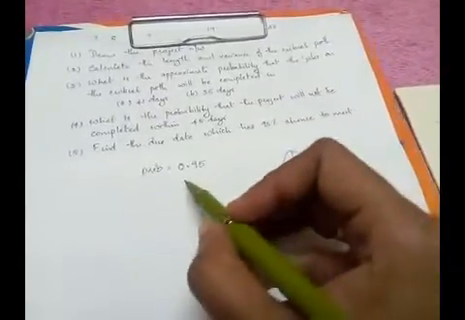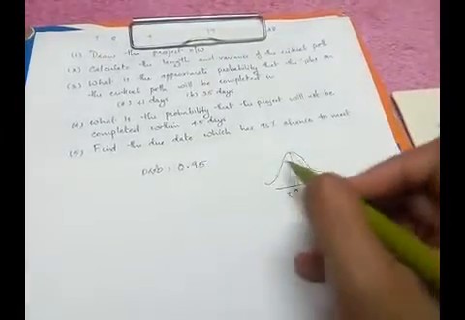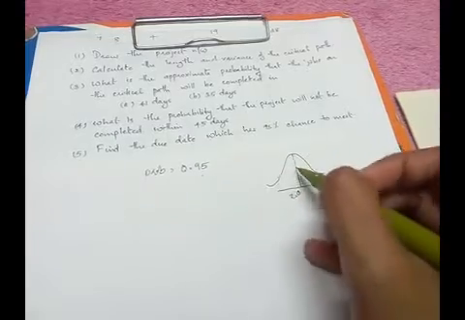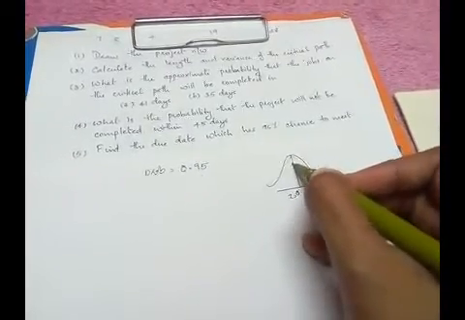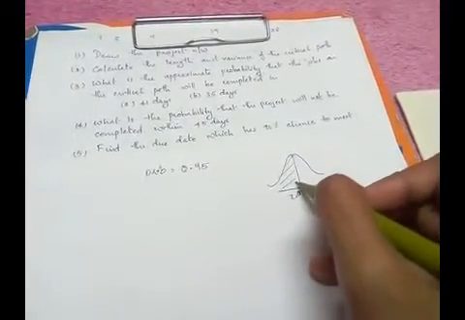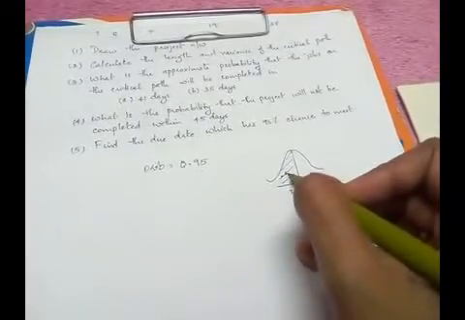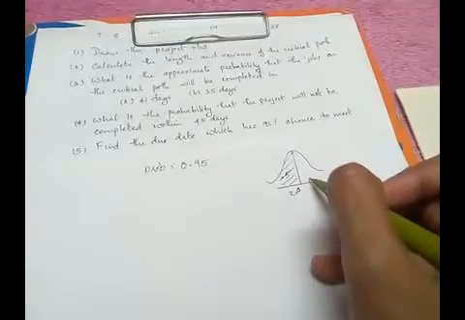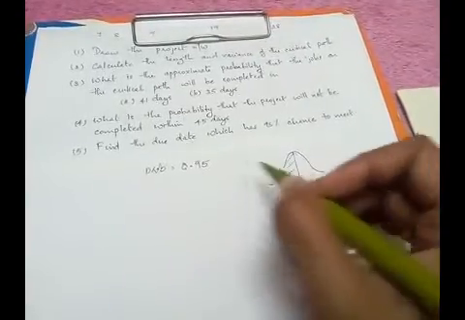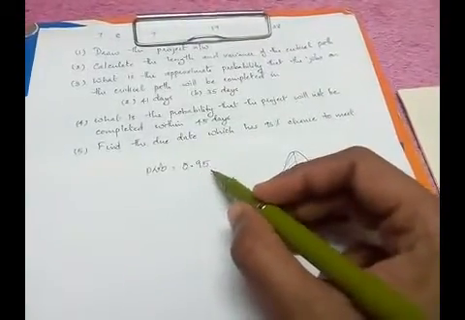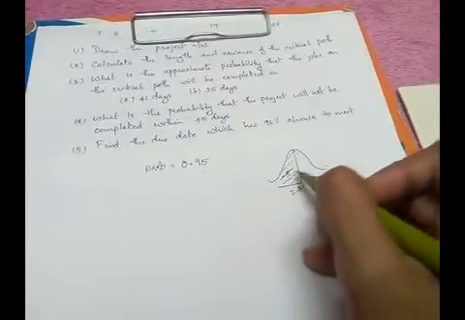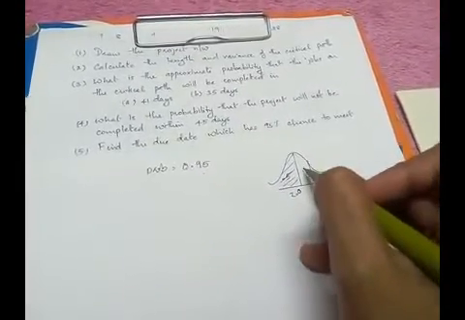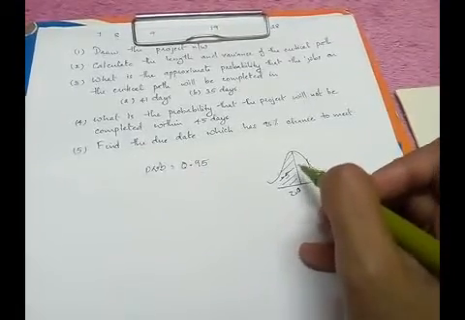So if the probability is 0.95, it is greater than 0.5. That means one half is completely included inside the area and the remaining will be from the opposite half.